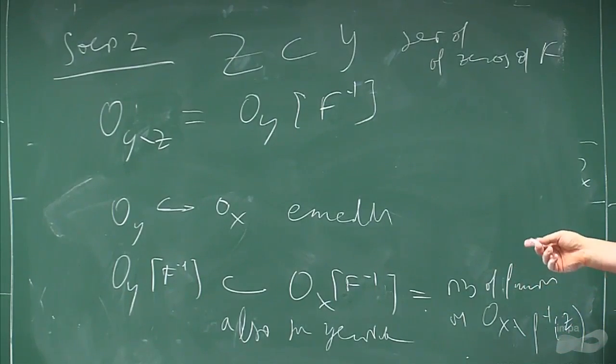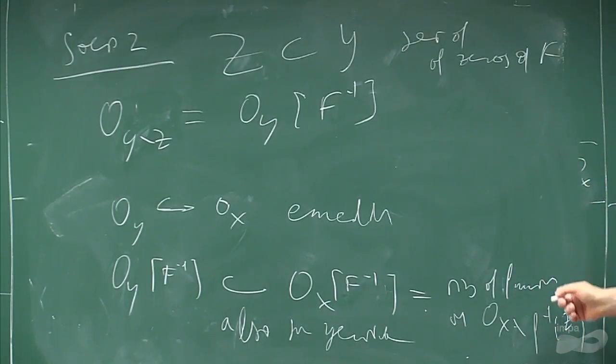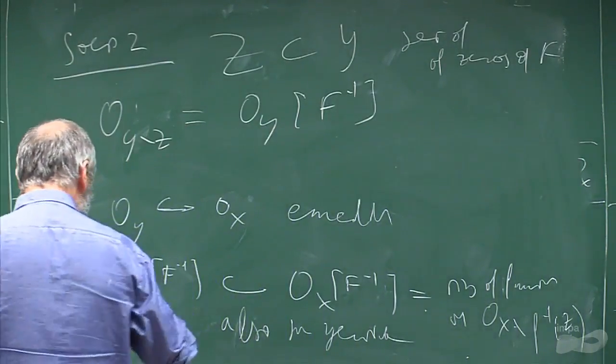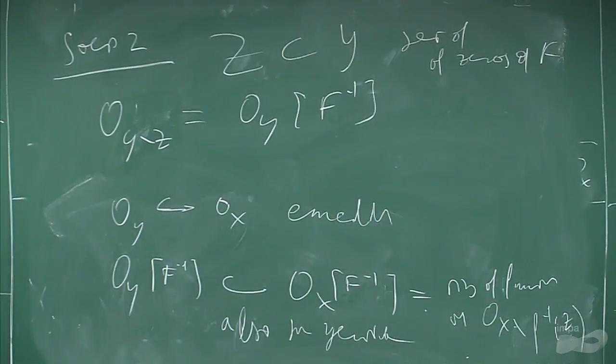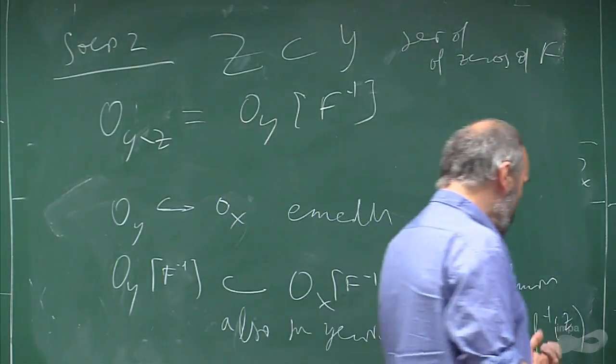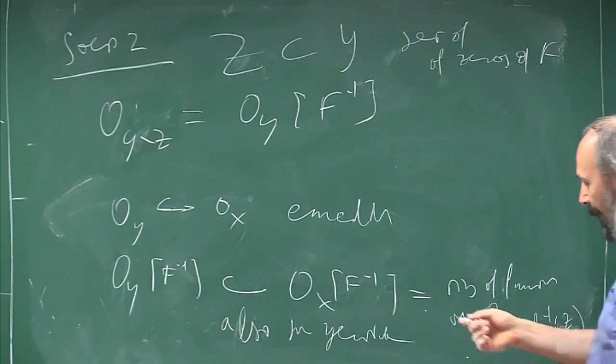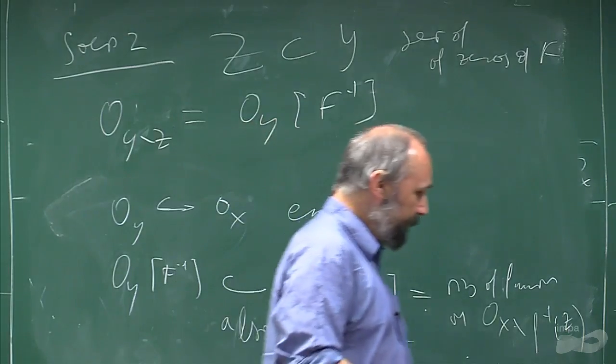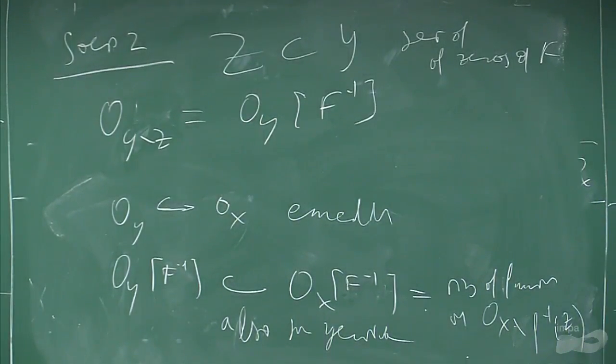This is precisely the points which arrive to z. So the corresponding divisor is just zeros of the preimage of f. Okay, questions? Comments? Anything clear? Okay.